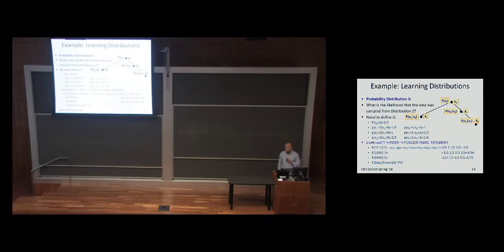Okay? Once you agree with that, you got this right, then you can compute. And we get this number, and it so happened that distribution 2 is the most likely distribution to have produced this data.